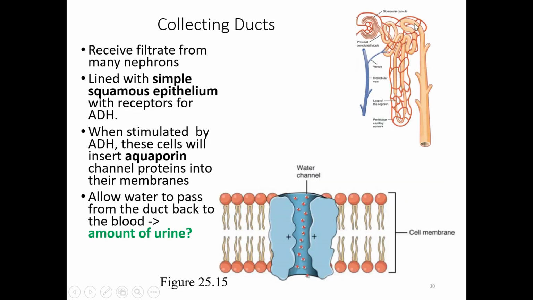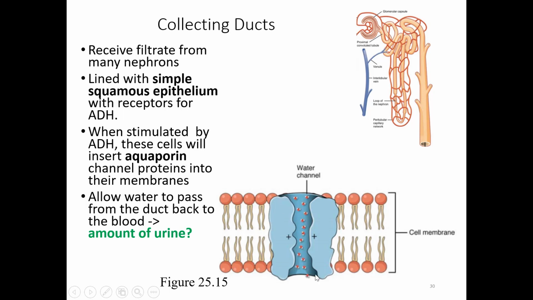Next one, the last part of the nephron would be this one, the collecting duct. The collecting duct accepts distal tubules from several nephrons. So the fluid right here going to the collecting duct is already urine. And special proteins sitting in the walls of the collecting duct, which is lined by simple squamous epithelium, are called aquaporins.